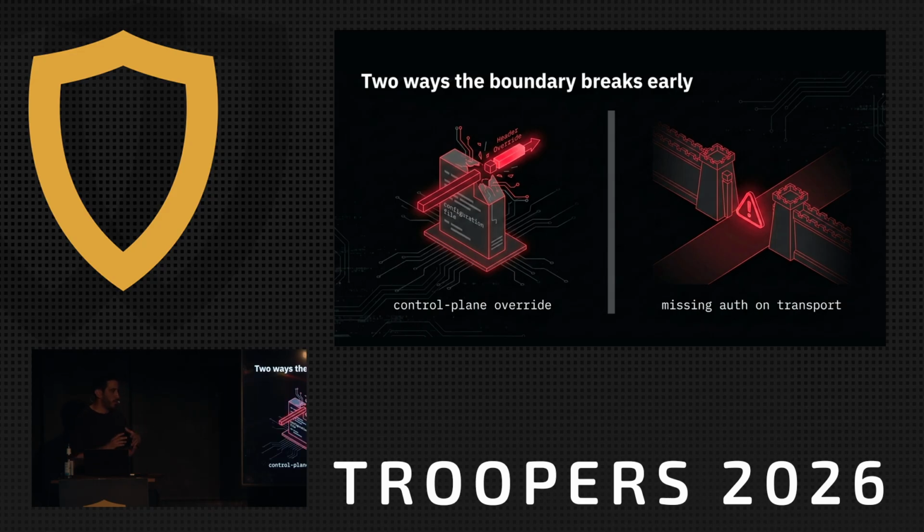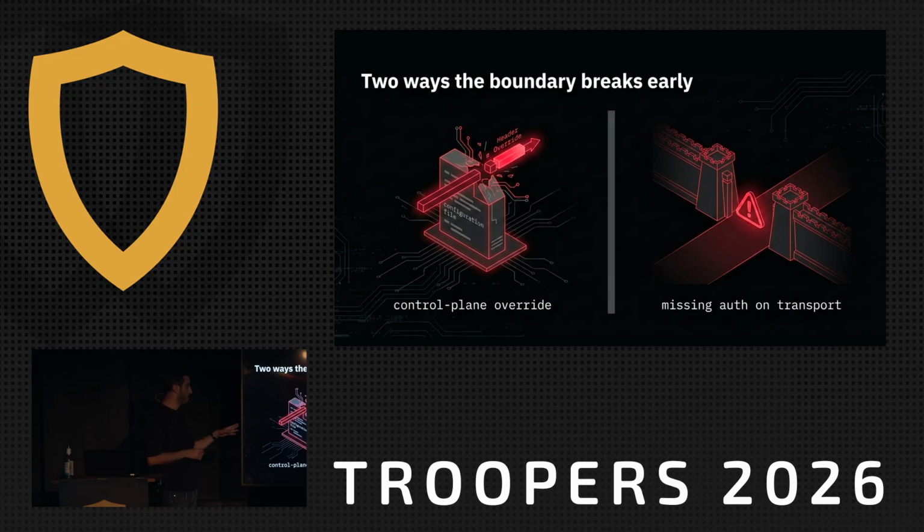And the point, again, is that the tools are doing what they're told, but you no longer control them. There are basically two ways this boundary can break. One is that there's nothing to break: there's no authorization, no authentication, and you can simply invoke the tools if you get access to the MCP server. And surprisingly enough, we see that a lot.